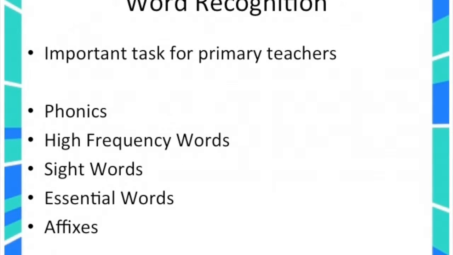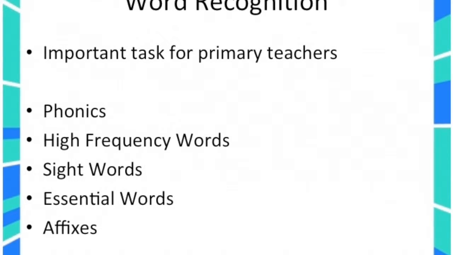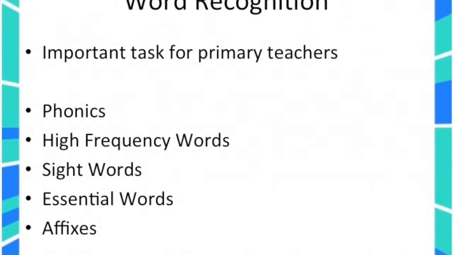Unless you work in early childhood or in very early grades, kindergarten, you maybe won't do a lot of work with the emergent literacy assessments that we just talked about. But by and large, you will all do some sort of assessments with word recognition ideas. These are some of the most important tasks for primary teachers, is to know where your students are at in these areas and move them forward.